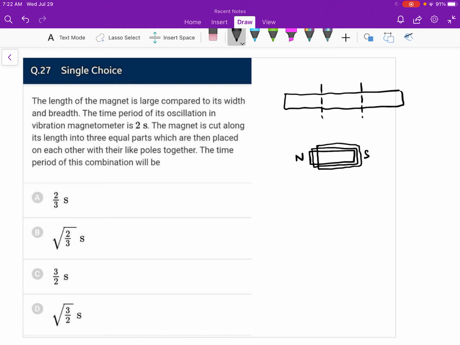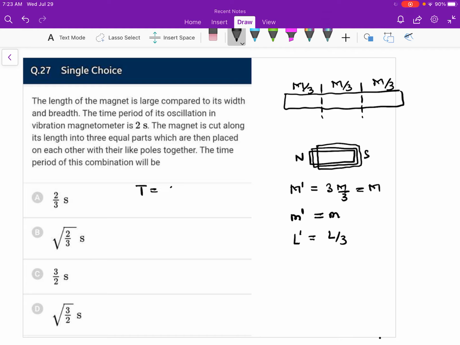Okay, so the magnetic moment of one portion is m by 3. Since they are again placed one on top of the other with like poles together, the total magnetic moment m dash is thrice m by 3, which is again m. So the magnetic moment remains the same. Similarly, mass m dash is equal to m, and length L dash is L by 3.